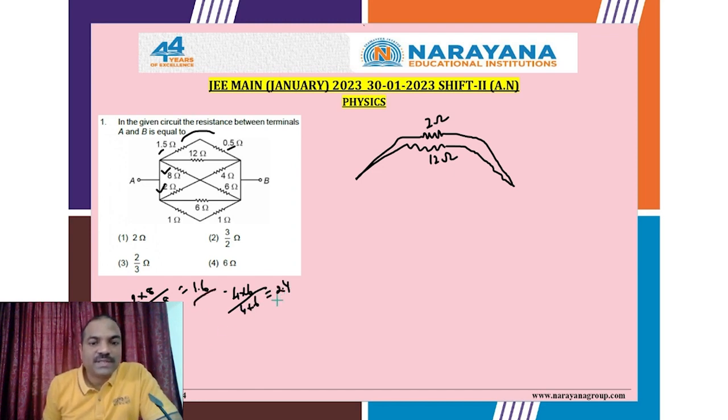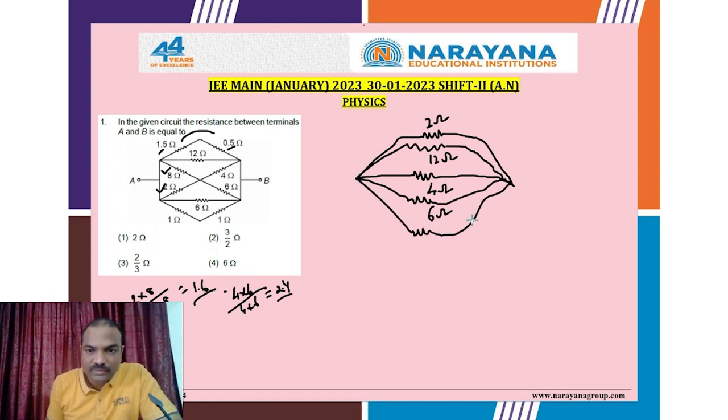Then 1.6 and 2.4 will be in series, so that effective resistance will be 4 ohm. Then 6 ohm as it is, it's in parallel. And then 1 and 1 will be in series, so again I can write a 2 ohm resistance. Now all these resistances are in parallel connection.